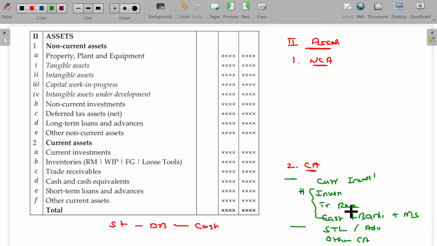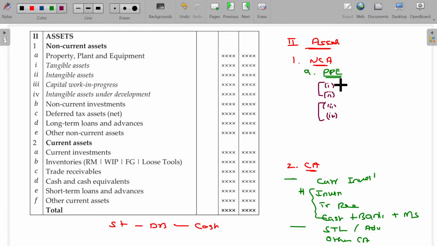In case of non-current assets, the predominant one is the fixed asset. So property, plant, and equipment. We don't currently call this fixed asset; it's property, plant, and equipment. Under property, plant, and equipment, we have two items: one is tangible, another is intangible.